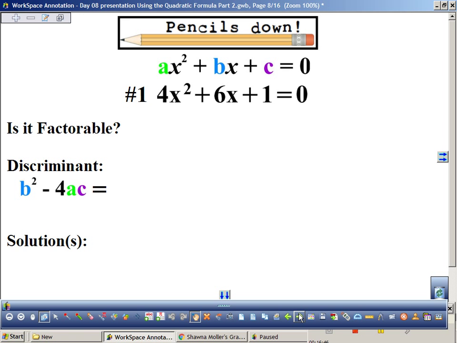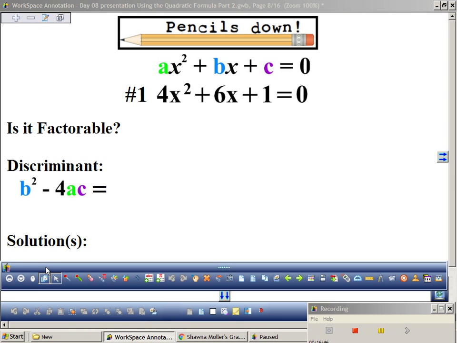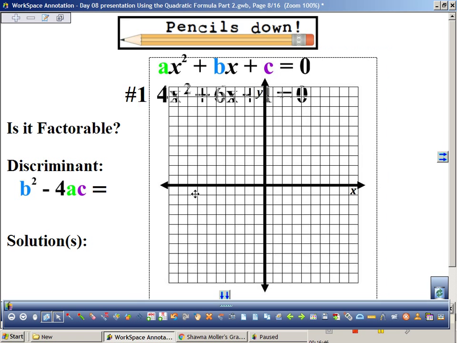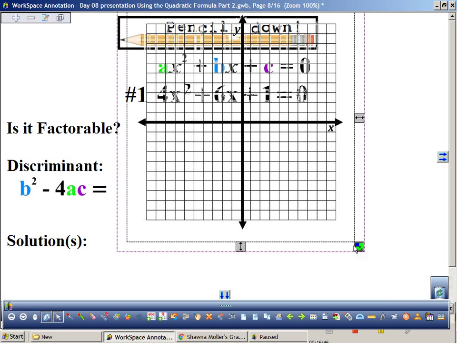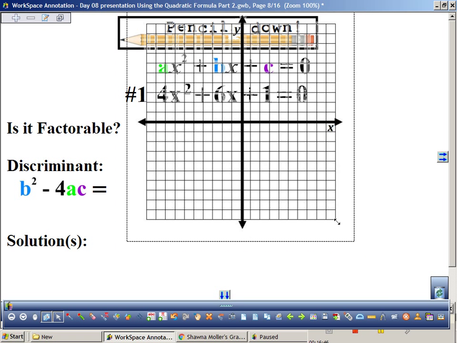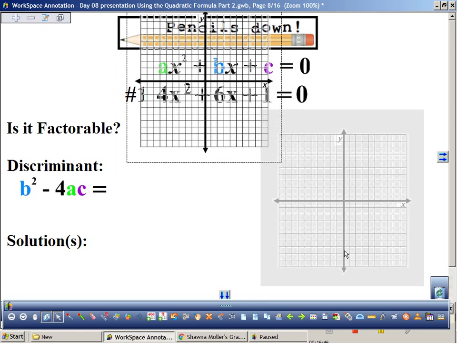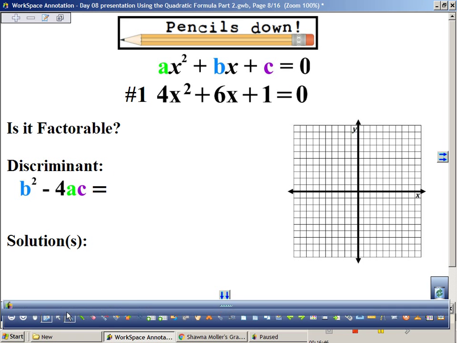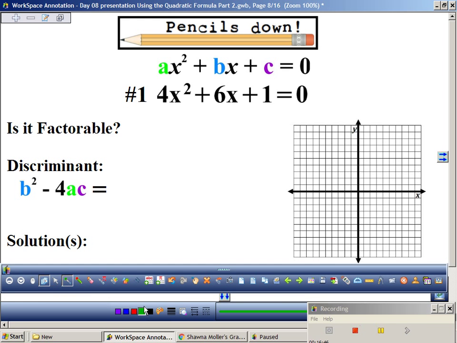Pencils down. Let me do this one. And I think I'm going to start with a graph. I'll make it a little bit smaller. Put a graph over here. Okay. So what do I know so far?